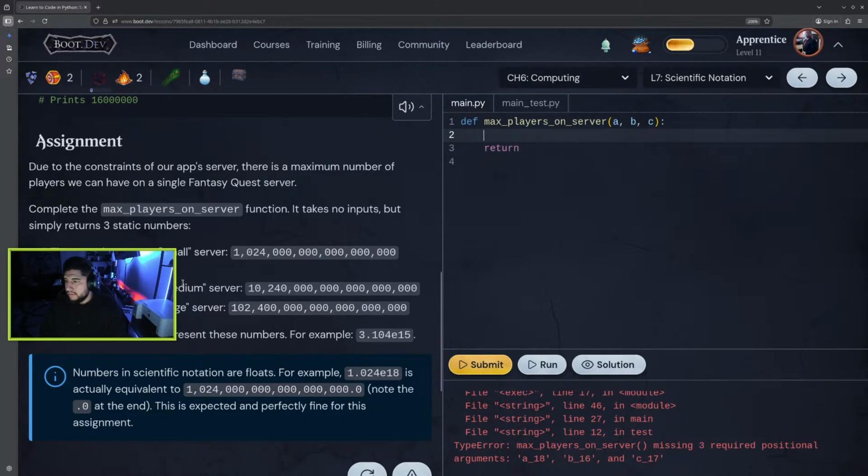Maybe it's just as simple as 1.024 under slash. Alright, 3 6 9 12 15.